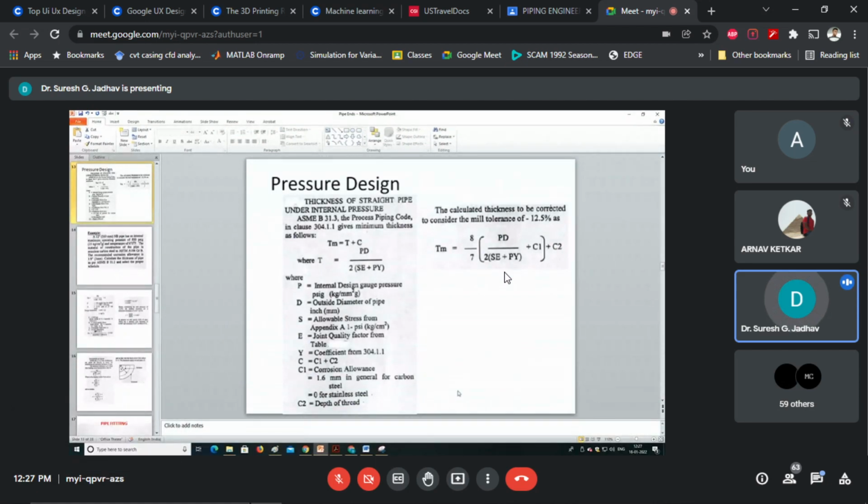Yesterday we saw the design pressure. Design pressure is the maximum pressure that the system can be exposed to, and we set the system relief valve at the same pressure.